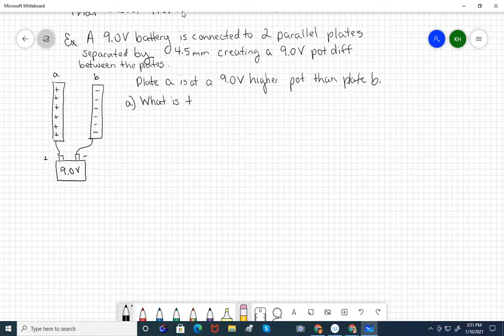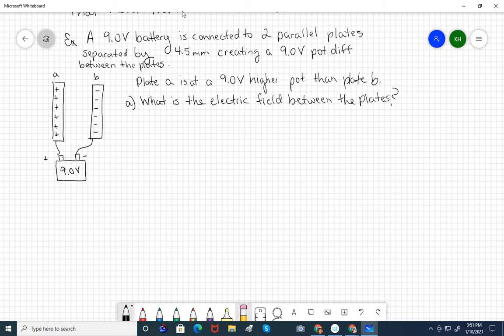What is the electric field between the plates? Let's think about this. We've got a lot of new information.